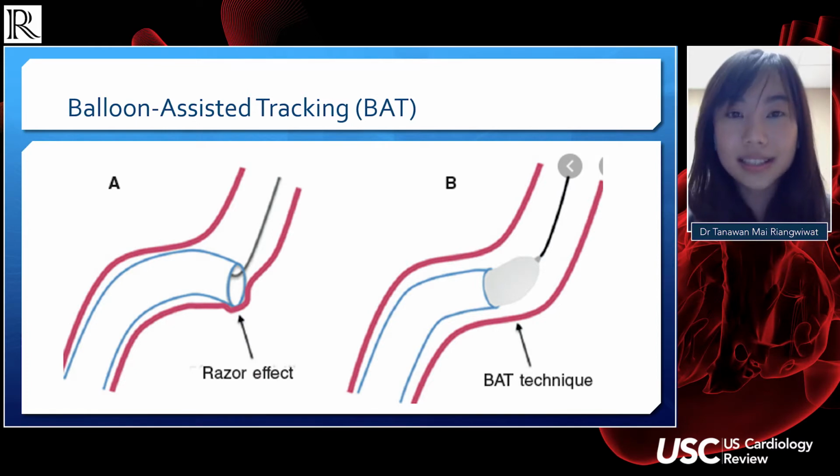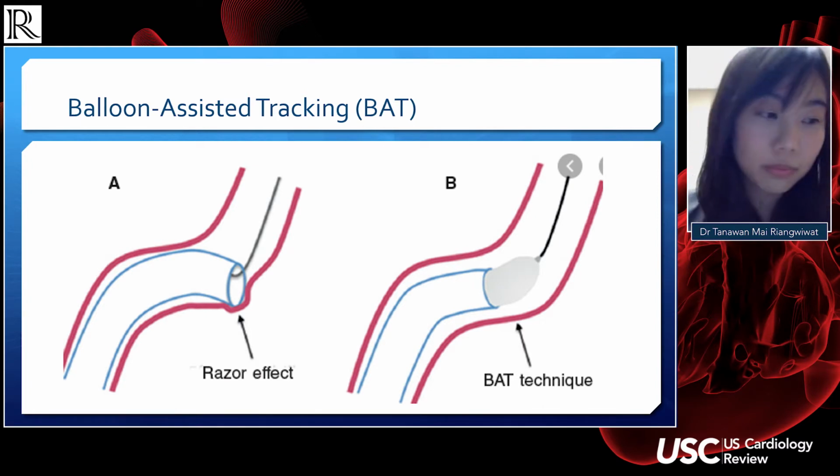Balloon assisted tracking means you have the wire and an inflated balloon inside the catheter. That will help smooth the transition of the size from the wire to the catheter, and it makes advancement or withdrawal of the catheter easier.